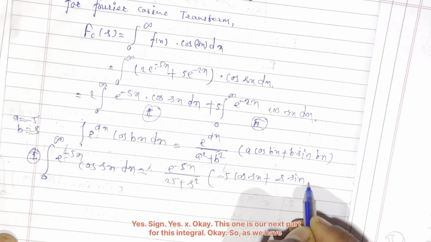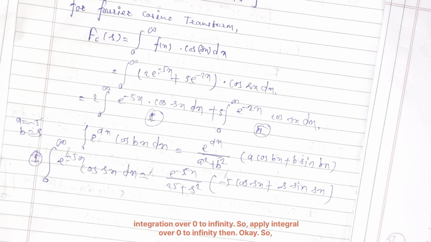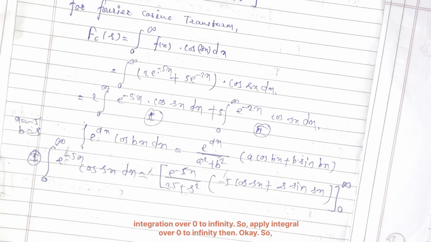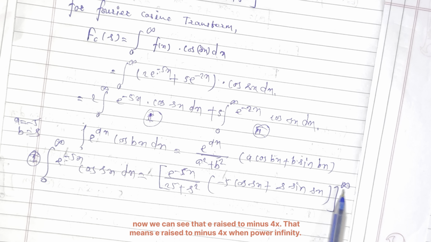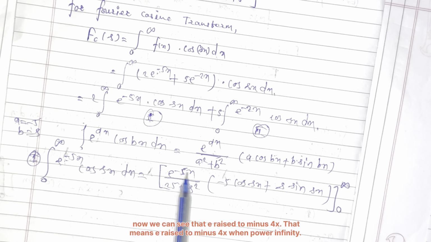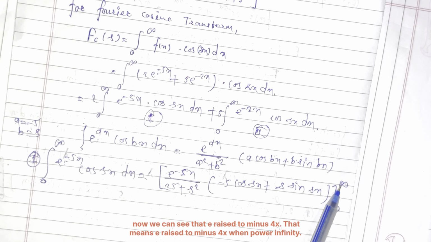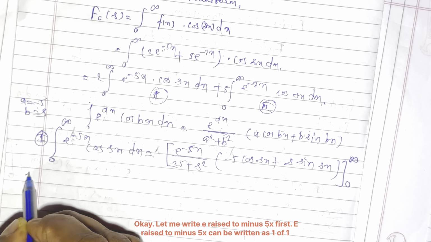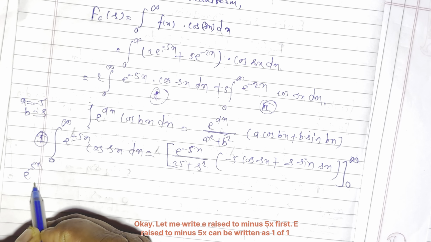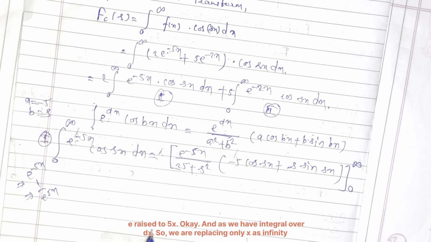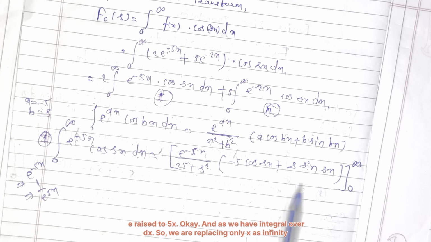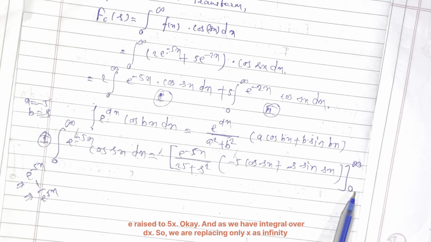As we have integration over 0 to infinity, we apply the limits. Now e^(-5x) can be written as 1 upon e^(5x). As we have the integral over dx, we replace only x with infinity and 0.